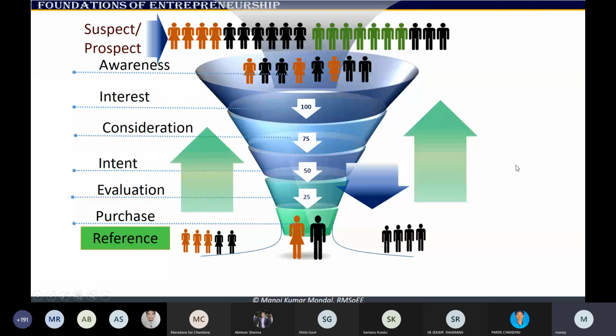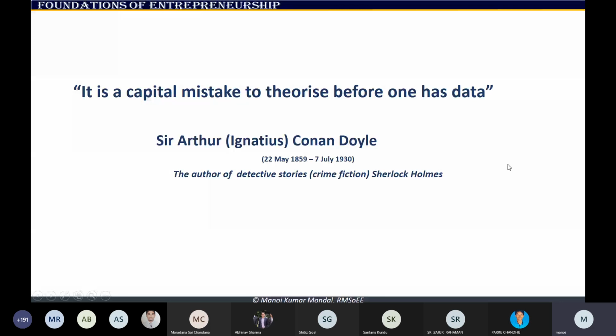Remember, Sir Arthur Conan Doyle famously said, and this is a very important quotation you should remember and use wherever possible: it is a capital mistake to theorize before one has data. If you talk from gut feel, that's a mistake. You should always depend on data.